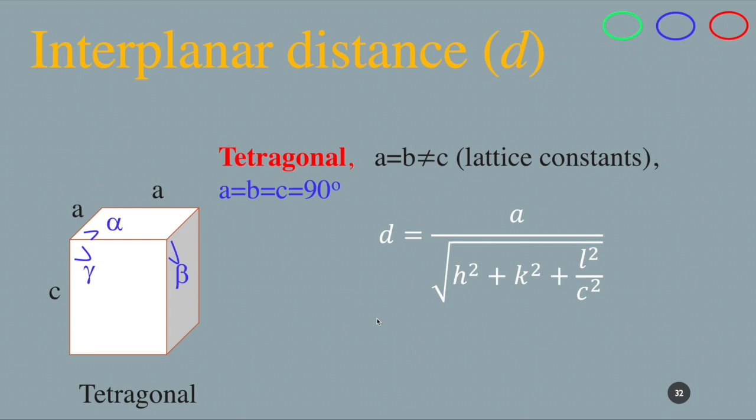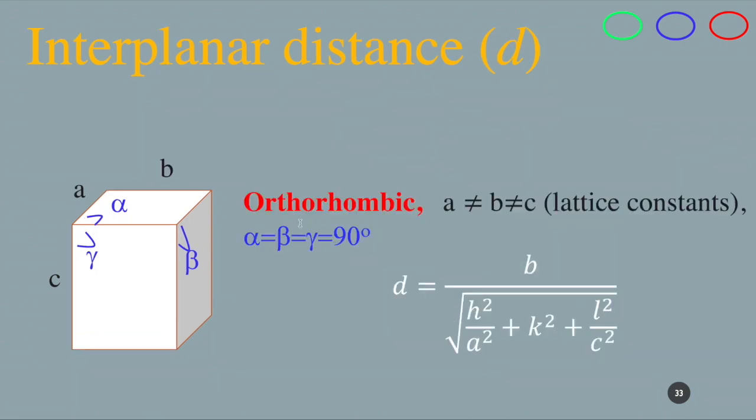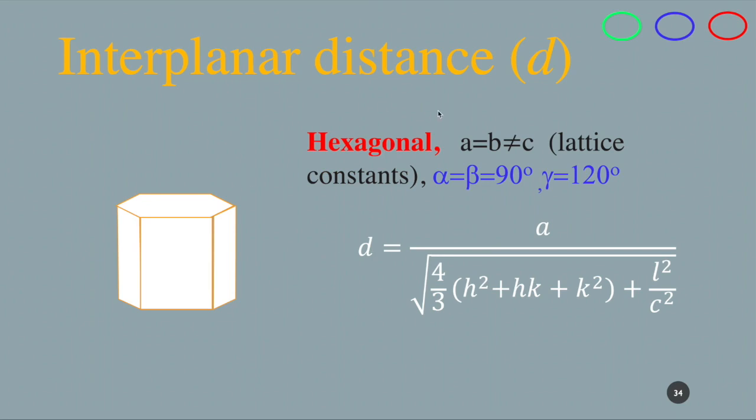We can find the relationship between the distance between different planes and the Miller indices or the lattice parameter. Similarly, we have for orthorhombic this relationship. Furthermore, for hexagonal also, we have the relationship between d spacing, lattice parameter, and the Miller indices.